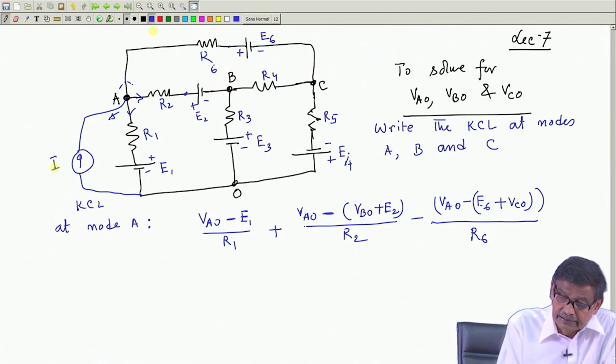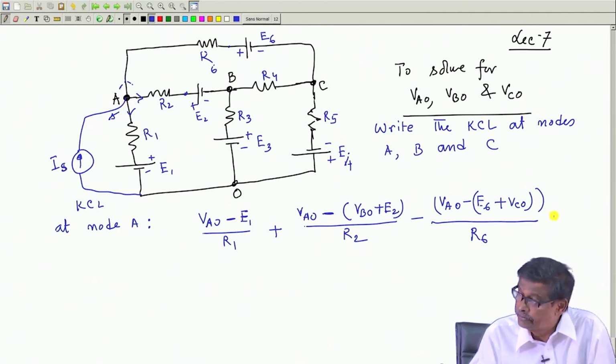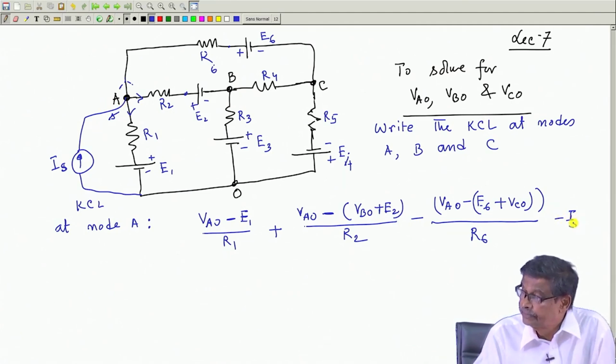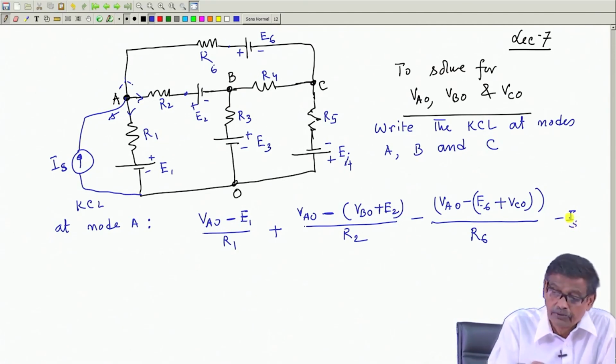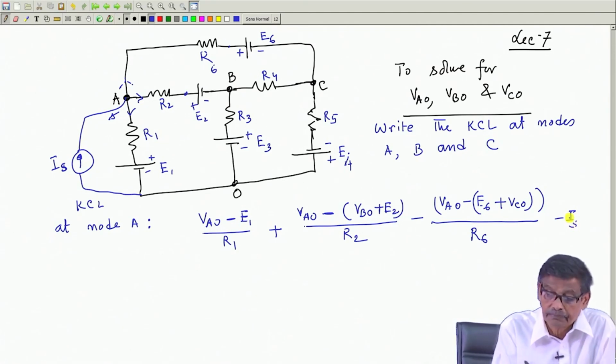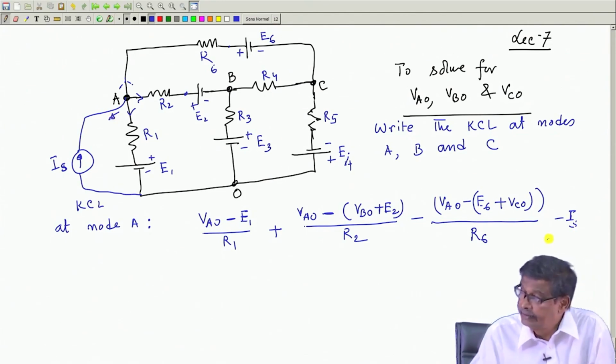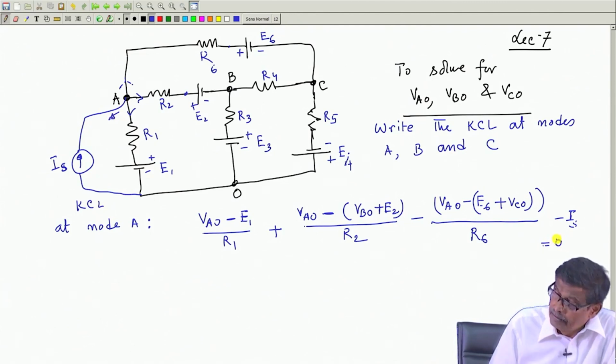Then there is the current source, Is, which I have shown in this direction, so this must be minus Is, coming out from A this way, and the sum must be 0.